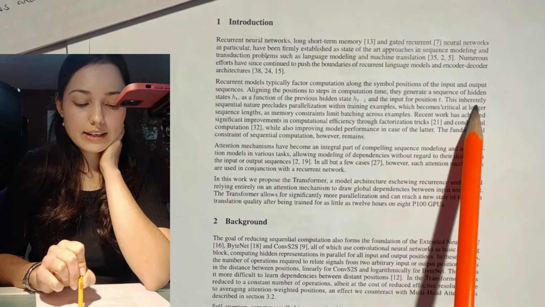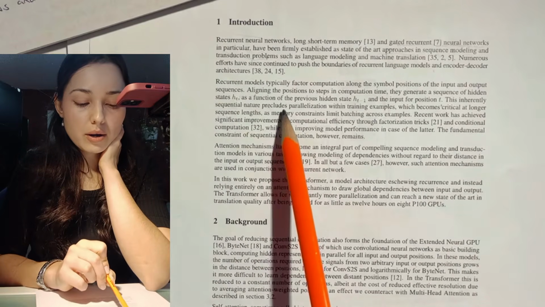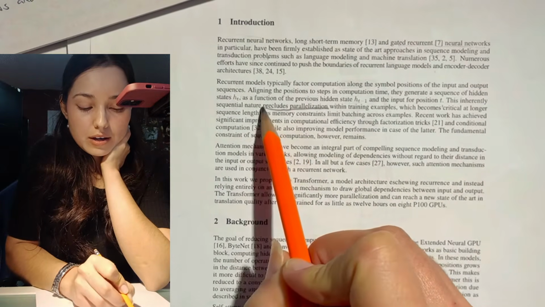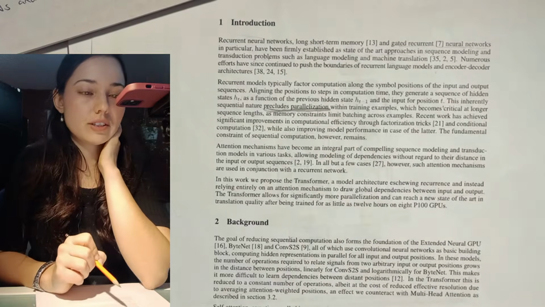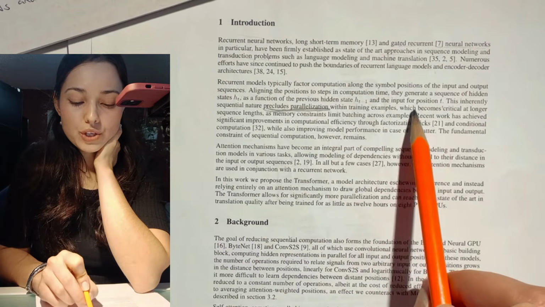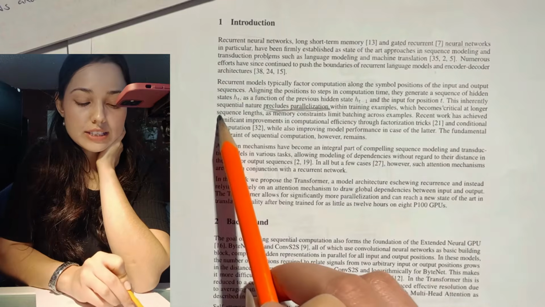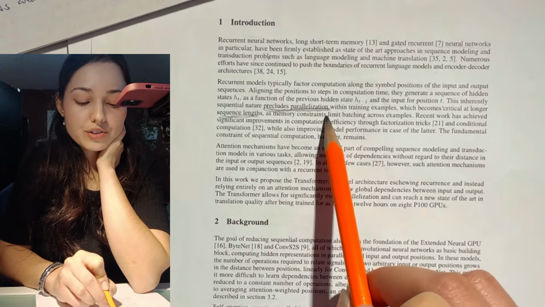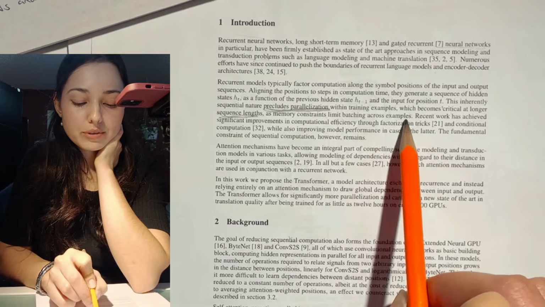This inherently sequential nature precludes parallelization. So that's important. It precludes parallelization within training examples, which becomes critical at larger sequence lengths, as memory constraints limit batching across examples. So what's that saying?